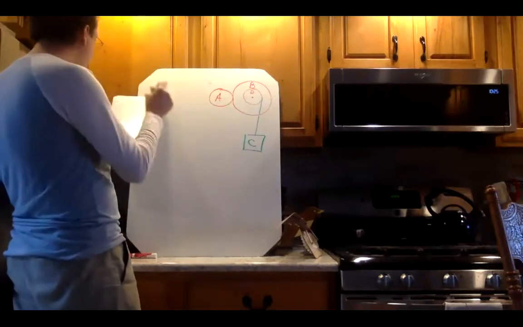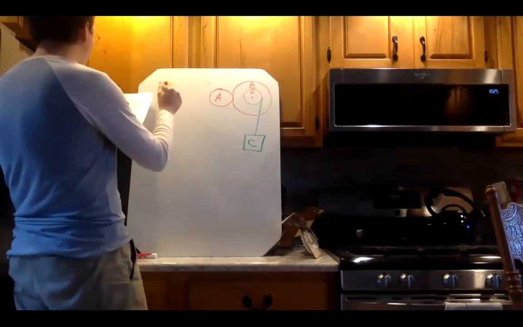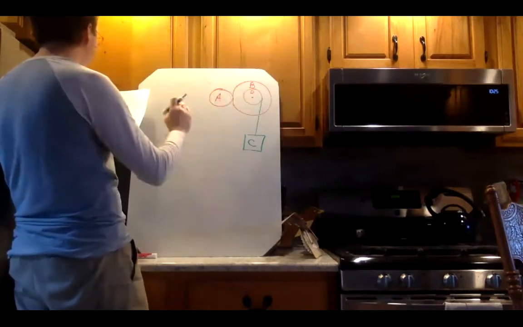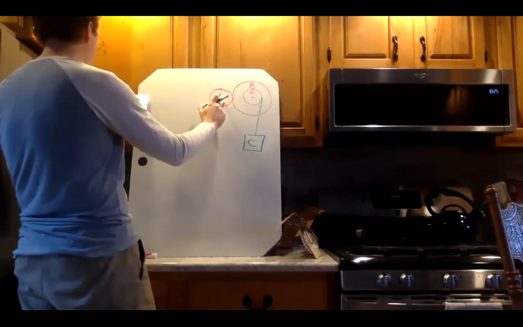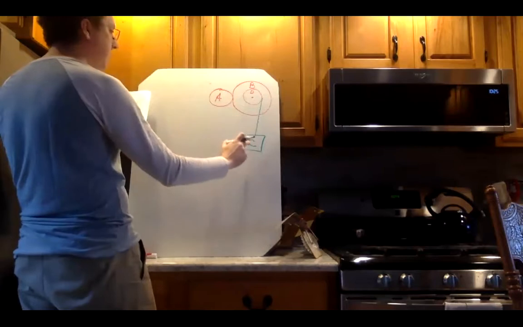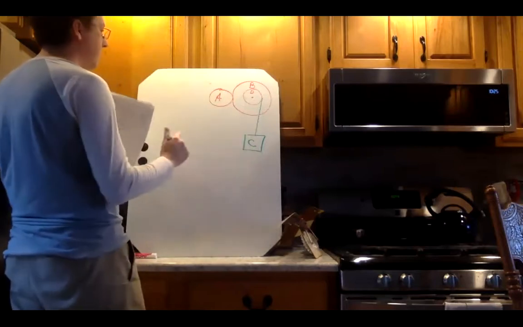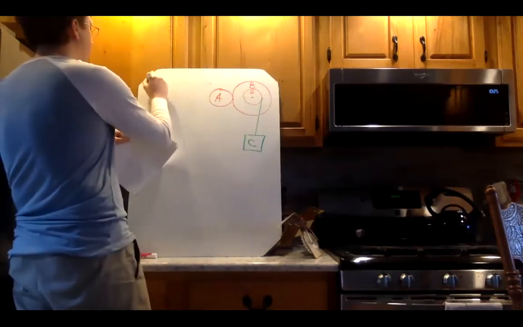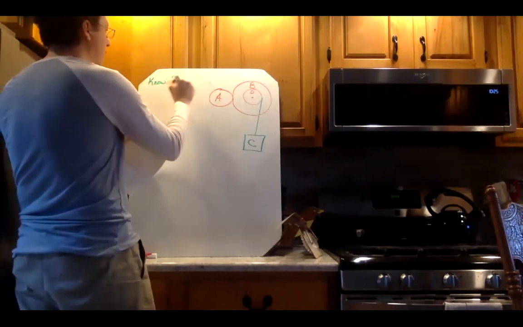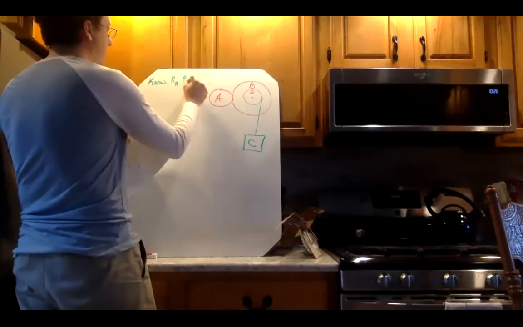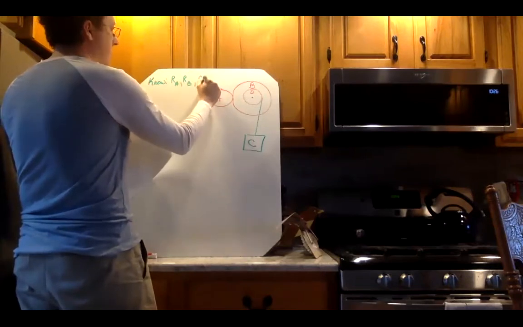So here's the thing. We know the radii. They tell us alpha for A, and we want the velocity for C at time 3. So we know r_A, r_B, r_D.